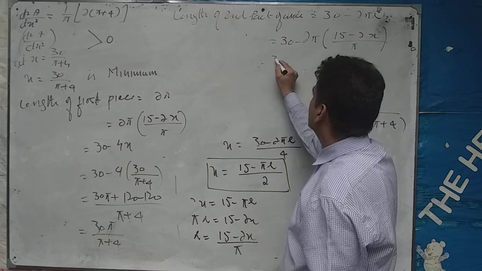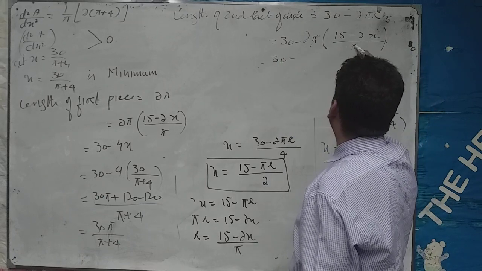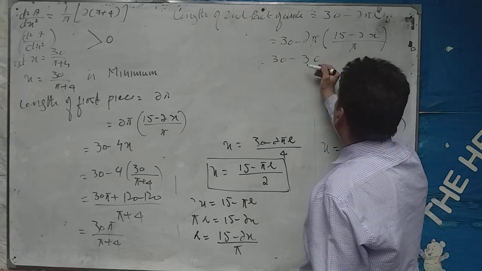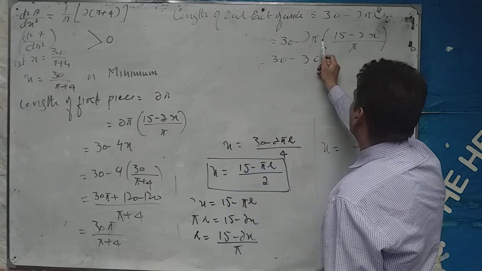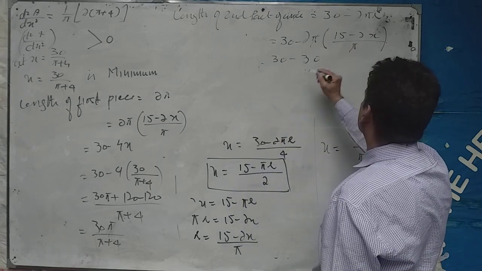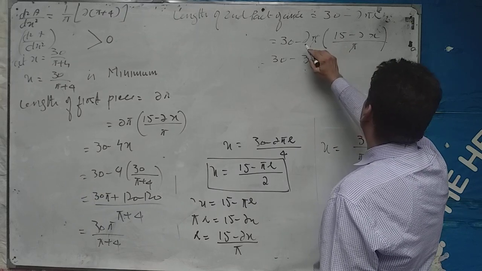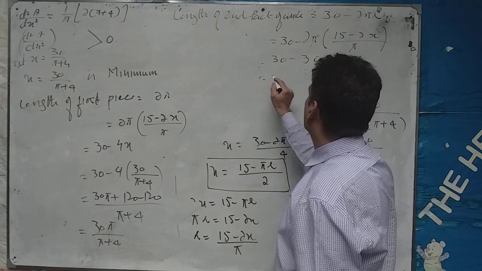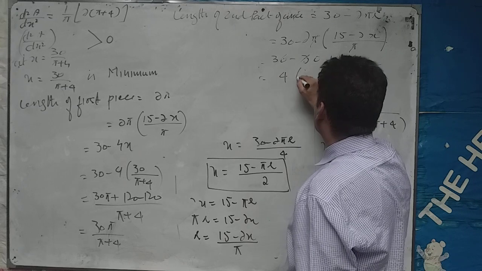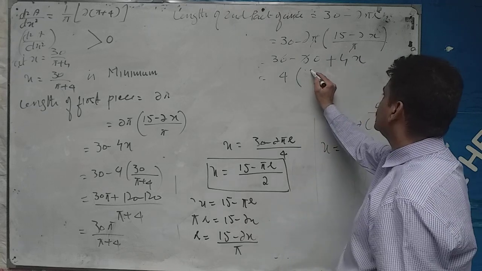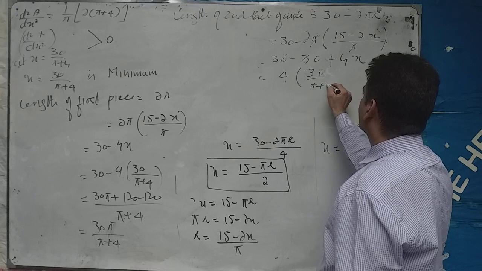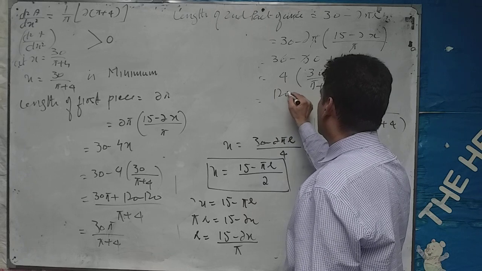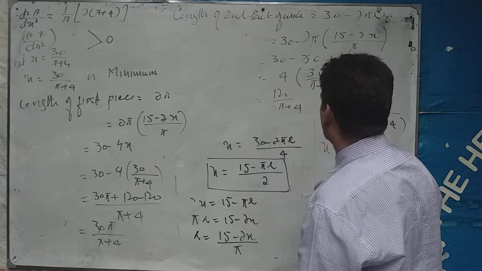After cancellation of pi, when we multiply 2 by 15, we get 30 minus 30 plus 4x. After simplification we get 4 multiply x, where the value of x is 30 over pi plus 4. We get 120 over pi plus 4, which is the length of second piece of wire.